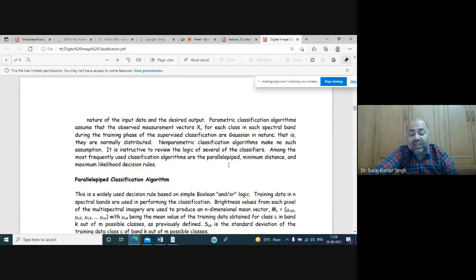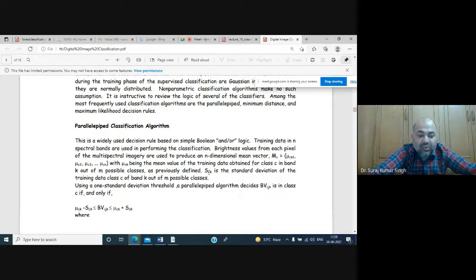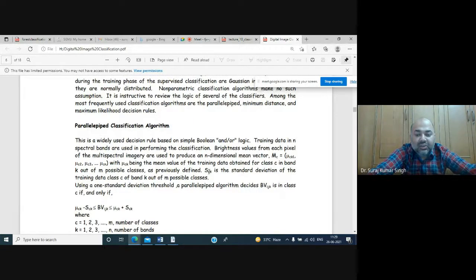They are the three classifiers. Anybody can ask what the three classifiers are that you use in non-parametric classification. One is parallelepiped, second is minimum distance, and the last is maximum likelihood. Now we'll go into the detail. What do you mean by parallelepiped classification algorithm? What do you mean by minimum distance classification? What do you mean by maximum likelihood classification?